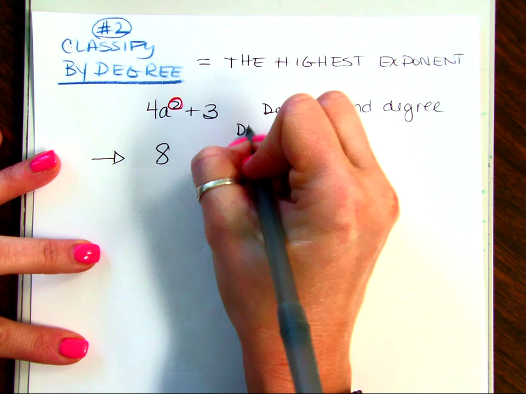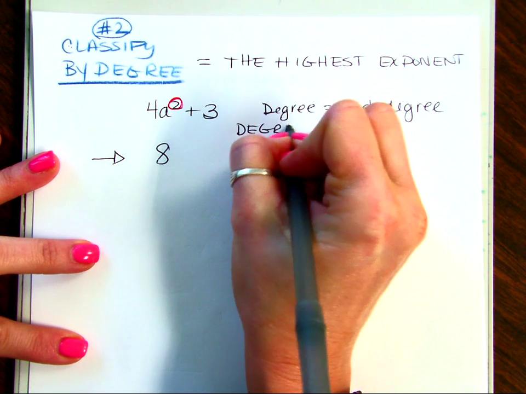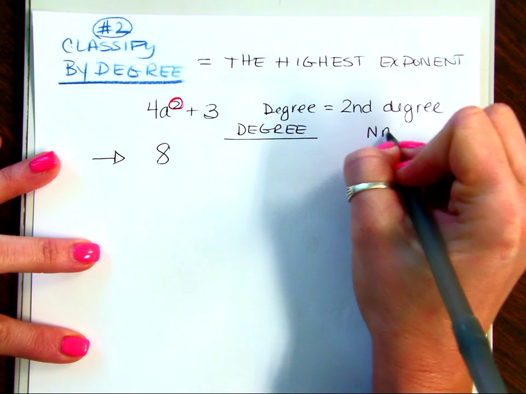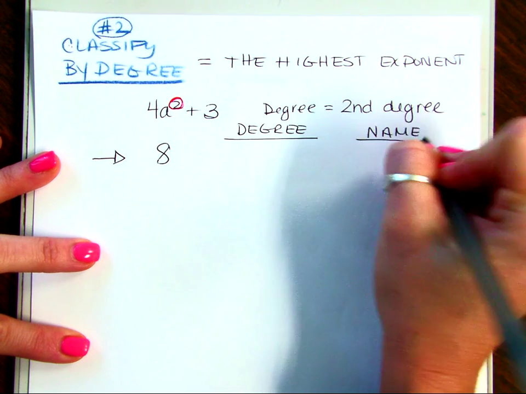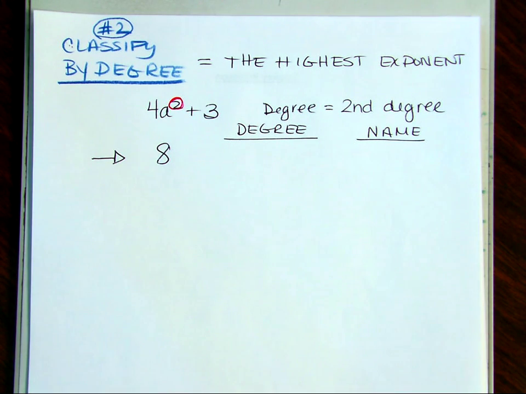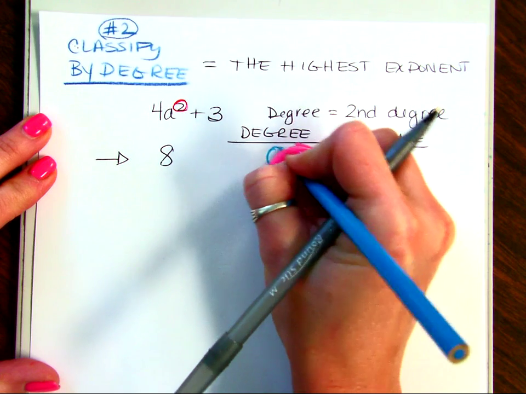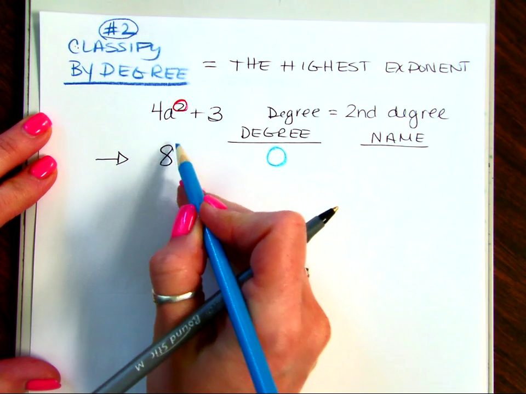Let's do this. Make 2 columns. Name. So, I know what you're thinking. In a constant, doesn't it have an exponent of 1?